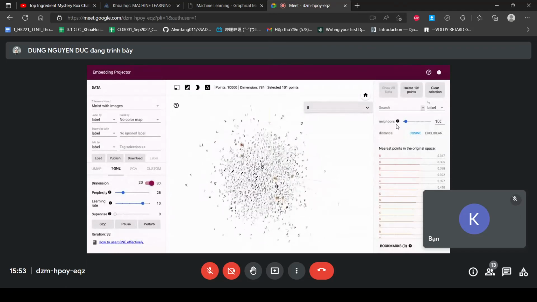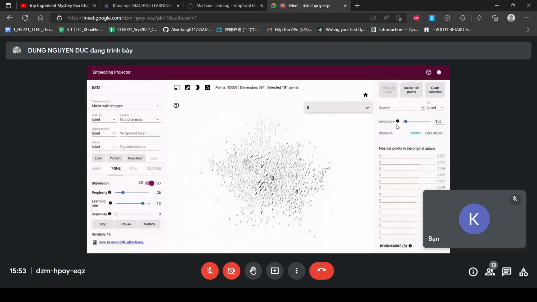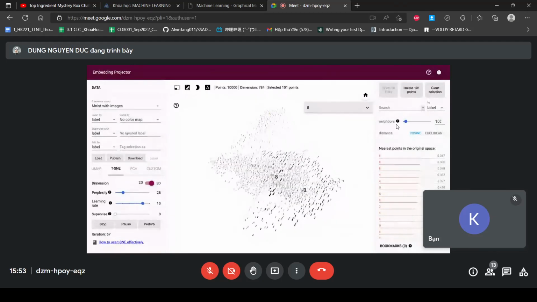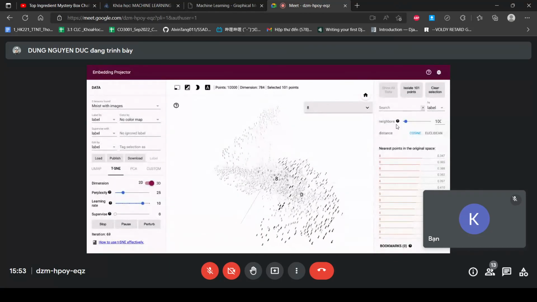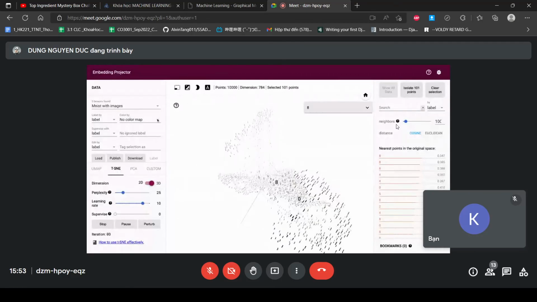As you can see, this is an iterative process. It is trying to find the projection that minimizes the KL divergence, in other words, the distribution between the classes.